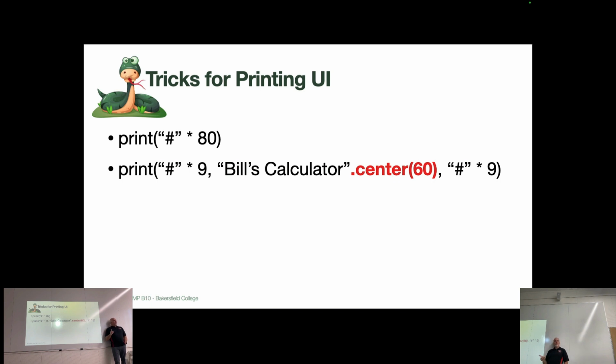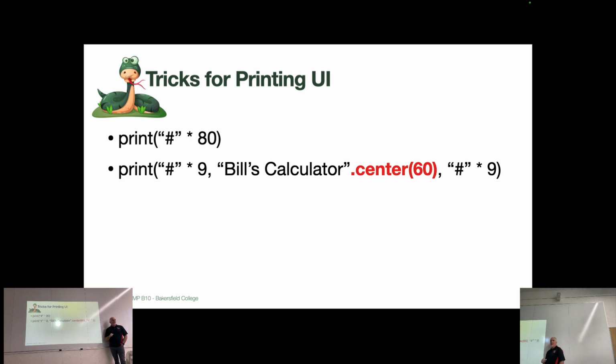Now we know that each time I have a comma in a regular print function, it prints what? A space, right? So I have 9 hashtags and a space, 10 characters. And then at the end I have a space and 9 hashtags.